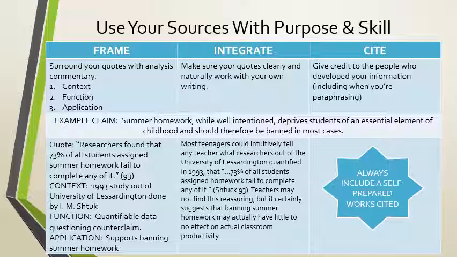Those works cited machines often make mistakes or have holes or inaccuracies that could cause you to suffer in terms of your score or your grade, or even be found to have plagiarized and have to redo your work. So the only way to guarantee that a works cited is correct and complete is to make sure that you know how to do it and that you do it on your own, but always, always include it.